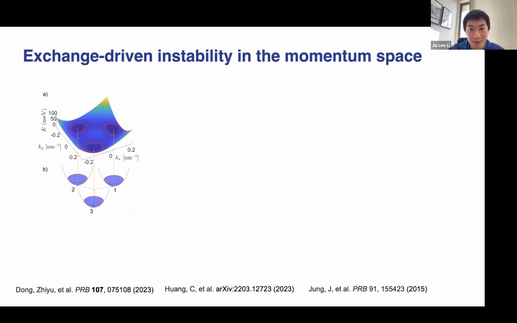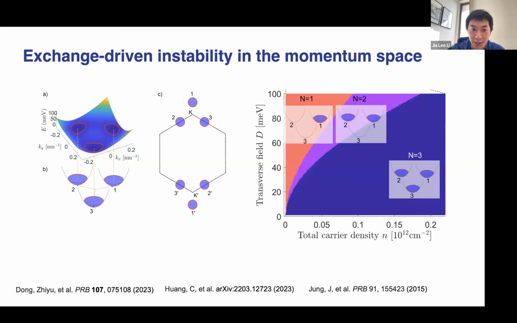A possible mechanism has been proposed recently: when you have these Fermi pockets in one valley, exchange interaction could drive an instability where charge carriers, instead of occupying all three pockets at the same time, condense into just one pocket.